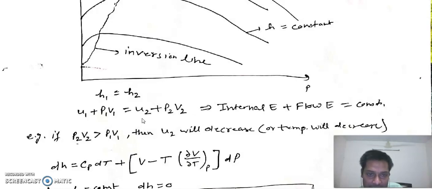It means the temperature will decrease because it has a low value of internal energy. Similarly, if P1 V1 is greater than P2 V2, then U2 will be higher than U1 and we will get an increase in temperature. So in this manner we can find whether the temperature will increase or decrease.